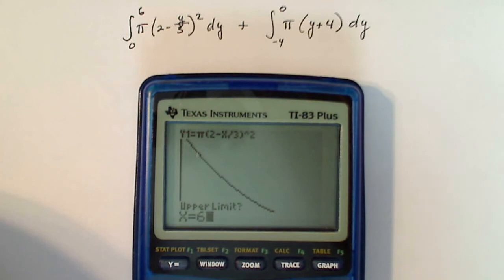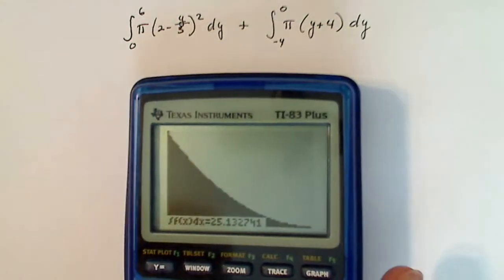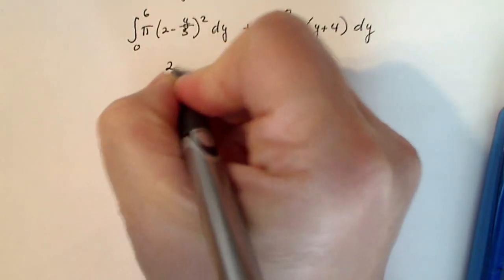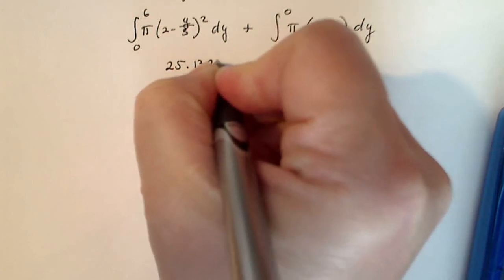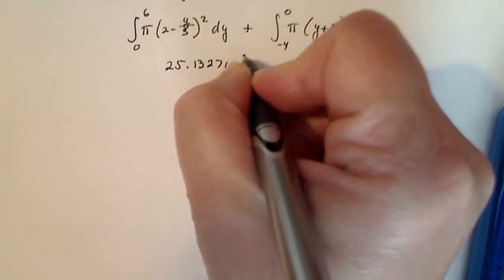My top limit is 6. And see what the calculator busts out here. 25.1327, and this is going to be volume, so units cubed.